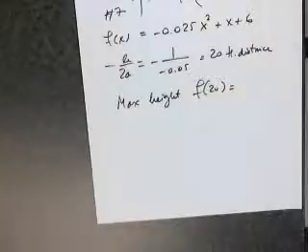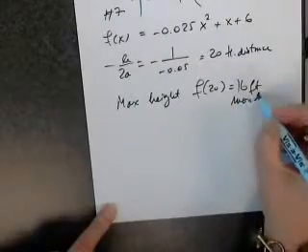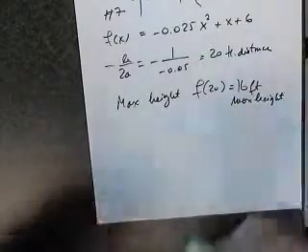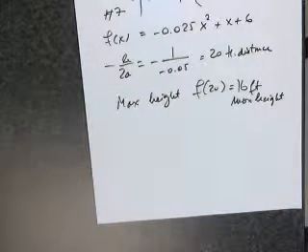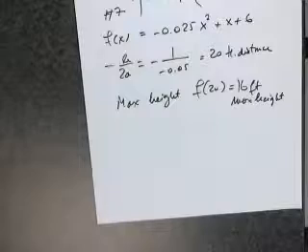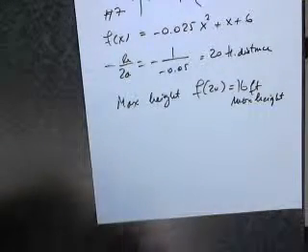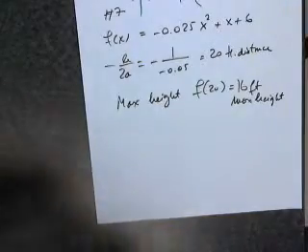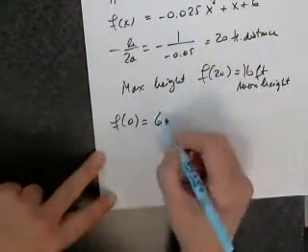Okay, I got 16. So 16 feet max height. From what height did the quarterback toss the football? Set x equals 0. Exactly. f of 0 is 6 feet.